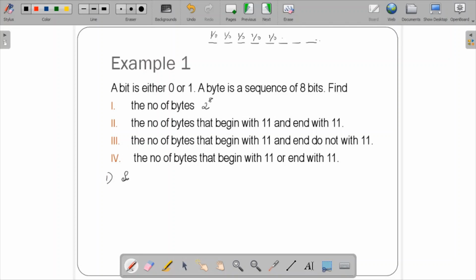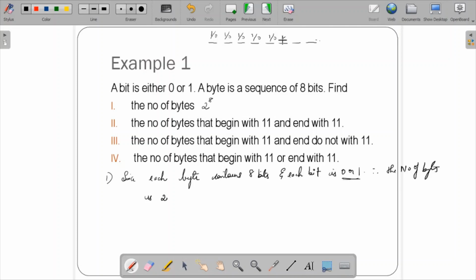Since each byte contains 8 bits, and each bit is a 0 or 1, therefore the number of bytes is nothing but this: you can fill a byte in terms of 1 and 0, like here also 1 0 1 0.